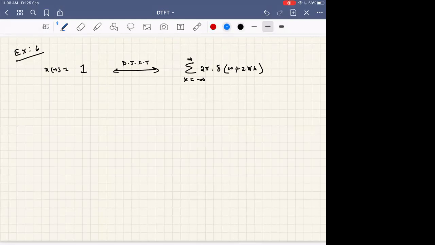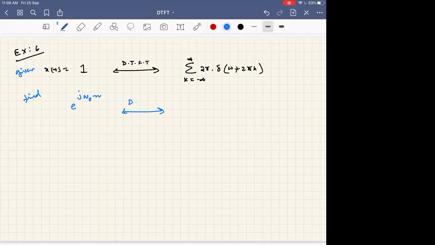If somebody asks us to prove this, can one of you tell what is the easy way of proving this? Sir, by using the duality property. By using the duality property. Firstly, for delta of n we have to find the Fourier transform.